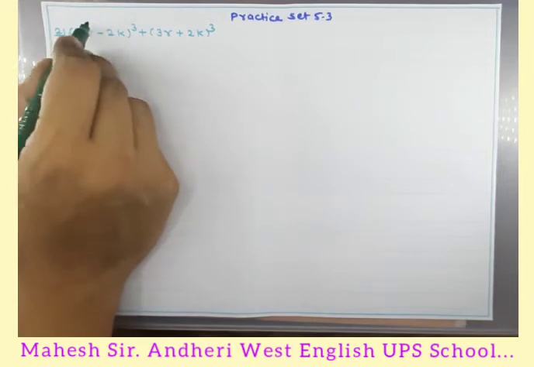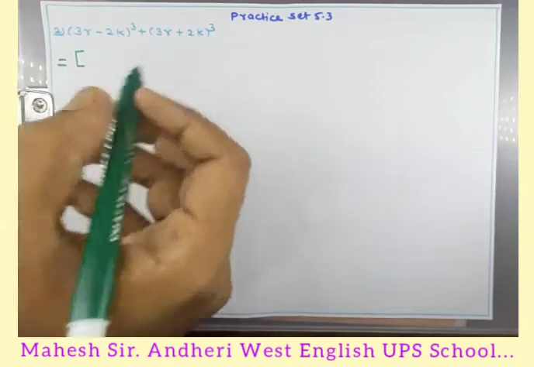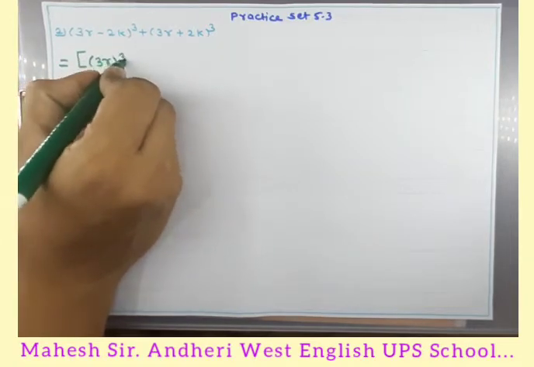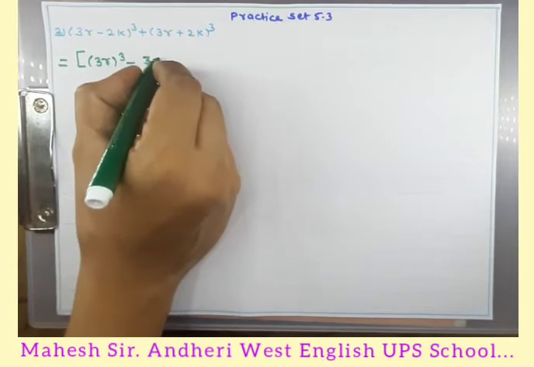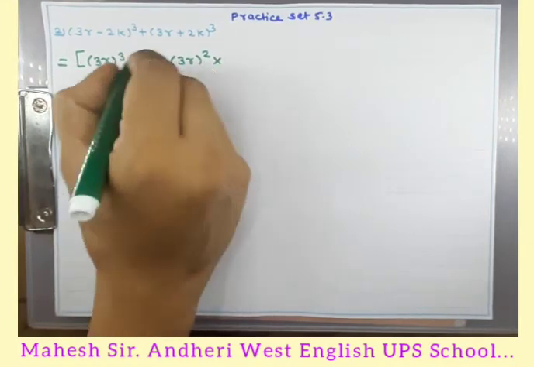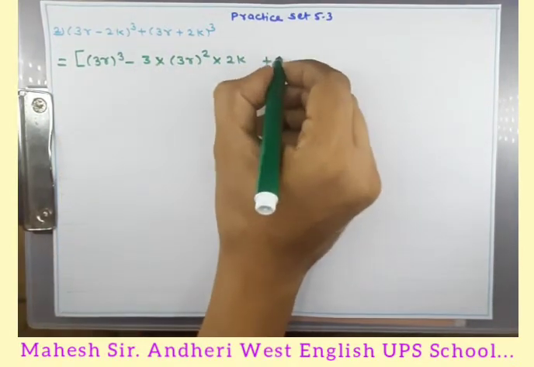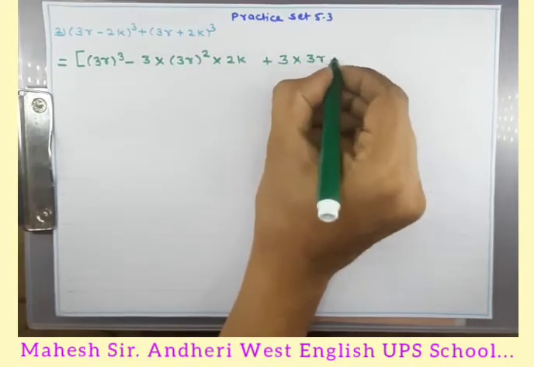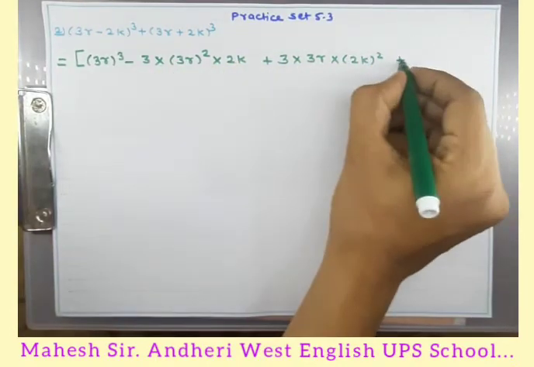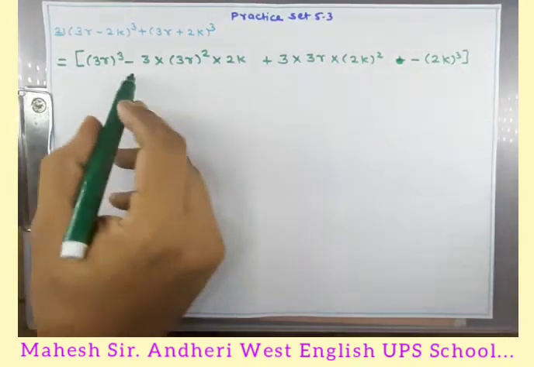So in the formula, wherever there is a we will write 3r, and wherever there is b we will write 2k. a cube means (3r) cube, minus 3 a square b: a square is 3r square, into b, which is 2k, plus 3 a b square: 3 into a, which is 3r, and b square, which is (2k) square, and then minus b cube, b cube is (2k) cube.